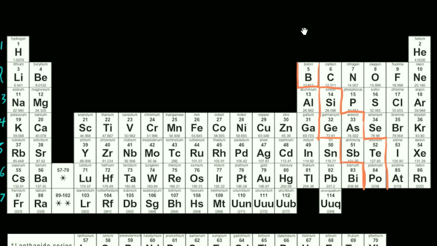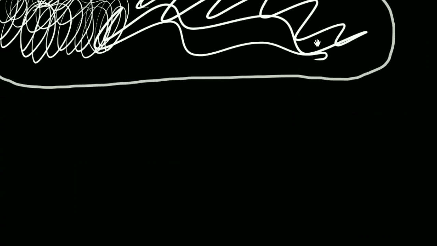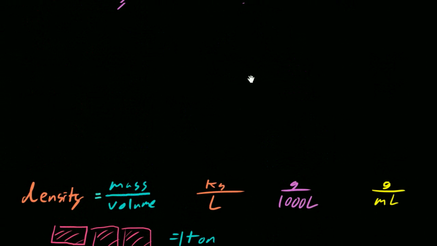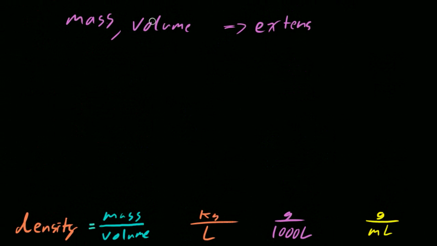Sorry, I'm still not used to the new pen, I guess. So we said that mass and volume were extensive properties, which plainly put just means that it depends on the amount of stuff that we have.